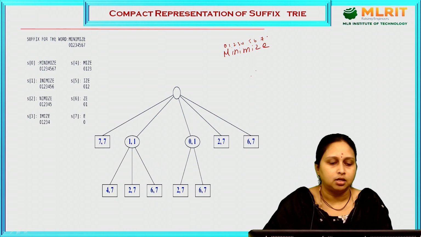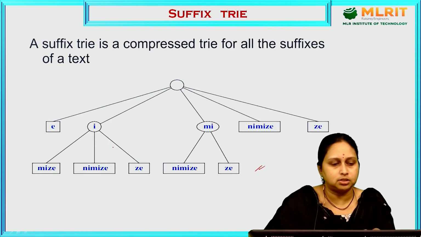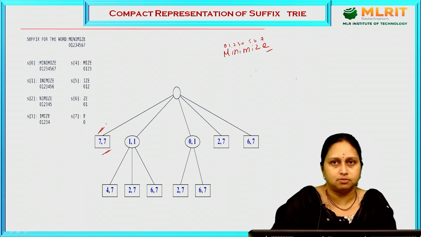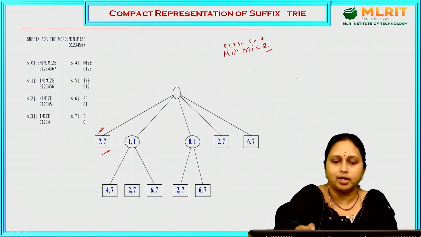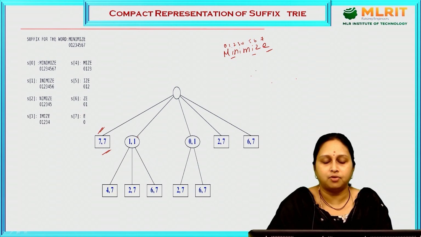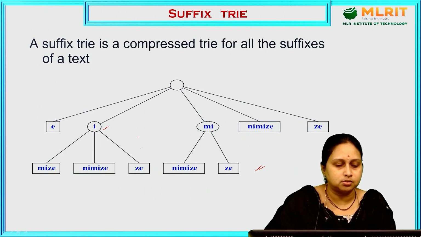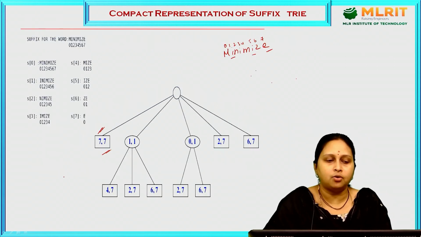Like this way, you can represent it. What is the previous one? It is representing E. E is at position 7. That's why I have given 7, 7. The other one, I. I is repeating twice here and here. Either you can represent any one, 1, 1 or 5, 5, anything can be represented. And you can look into this MIZE. Here you don't have any representation of starting position, right?